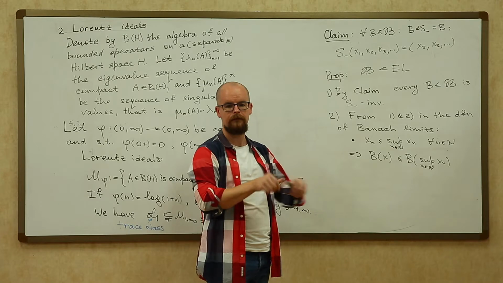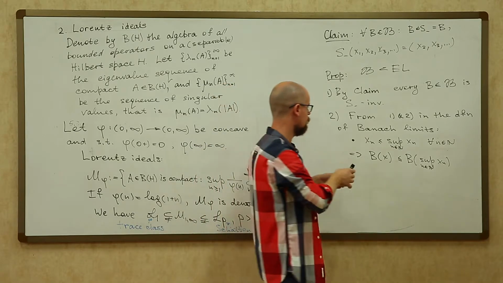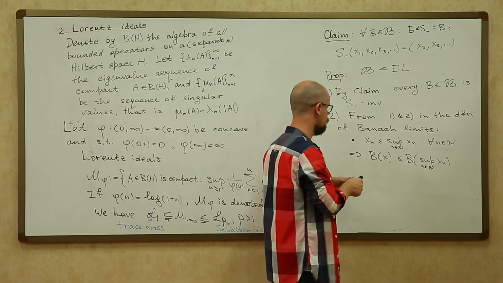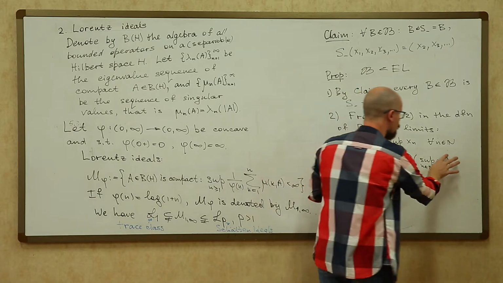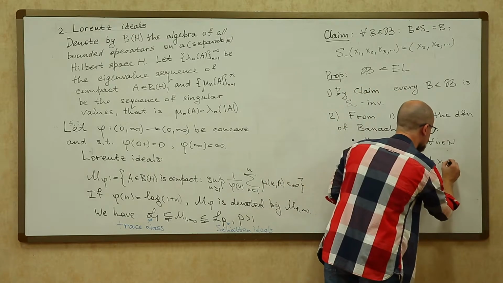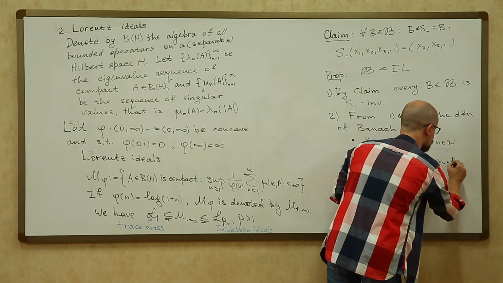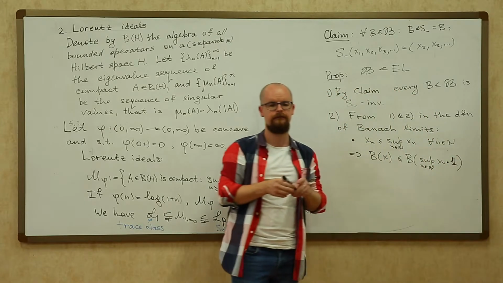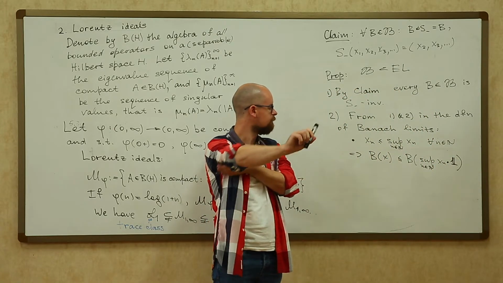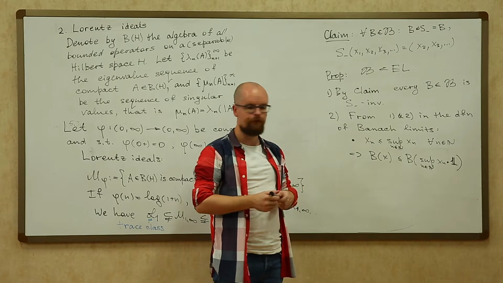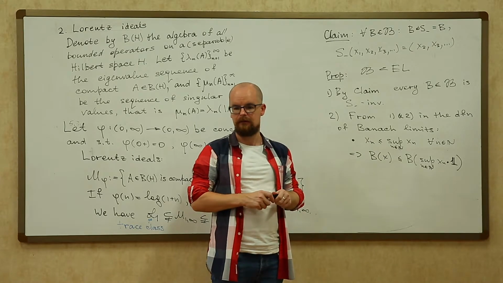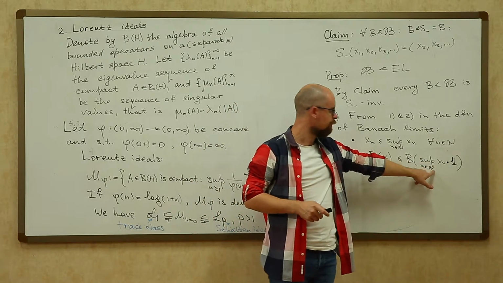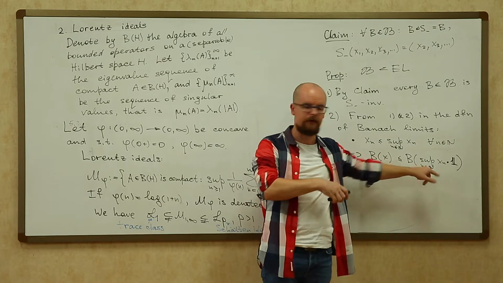You mean that's a sequence, right? The supremum of xn is a constant sequence, yes. Also, Banach limits are linear functions. So this supremum is a number, so we can factor it out.